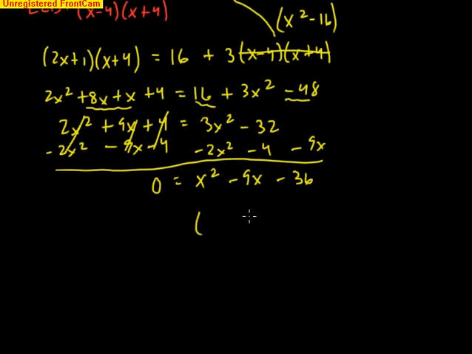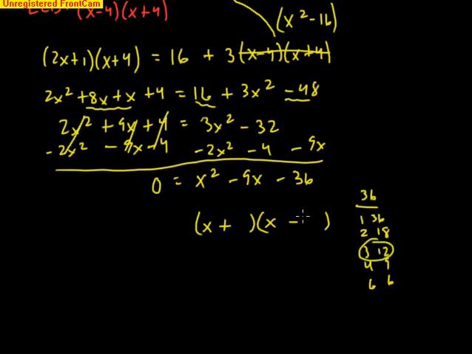Okay, so now we look at this problem, we need to factor it. My signs will be different, so one's plus and one's minus. To get x², I need x and x. And I need to look at the factors of 36. Now there's a lot of them: 1 and 36, 2 and 18, 3 and 12, 4 and 9, 6 and 6. Now I want to get this 9 in the middle, and I want to subtract to get it.